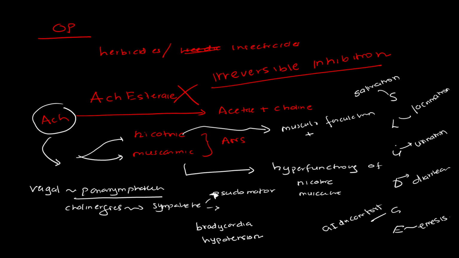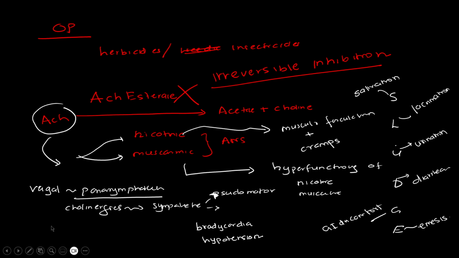But once this is present in excessive levels, there is so much stimulation for the muscle fibers that they will start to fasciculate, contract in such a manner that it will cause a little bit of twitching. And with the twitching, once this happens for a long period of time, there is a possibility the muscles will cramp. So these are some of the things that you would see in organophosphate poisoning.